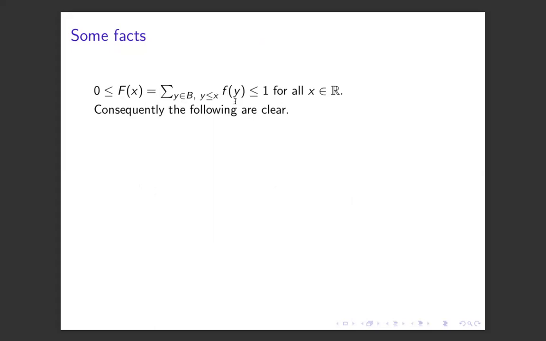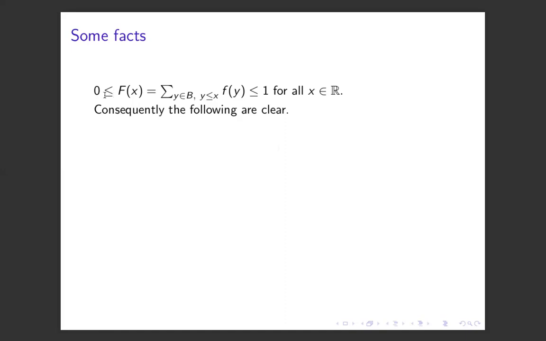So it is basically a summation over f of y, for all y such that y is in B and y less than or equal to x. And this whole summation is dominated by the probability X belongs to B, which is 1. So therefore, these equalities are clear.